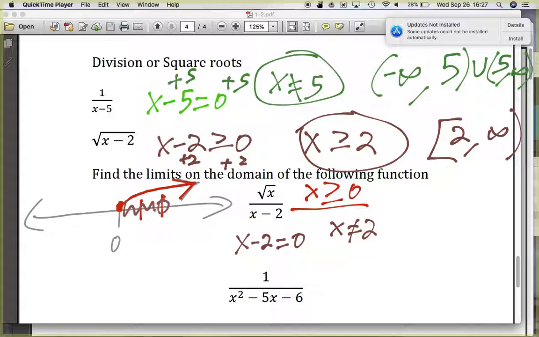Meaning that everything is shaded except for there at 2 and everything on. So in terms of the answer, it's going to look like this. Bracket, because it includes 0, and then it goes to 2. But it does not include 2 because that would make me 0 on bottom, and then 2 to infinity. So more or less it was the same as this one up here, except for we cut it off because I couldn't be less than 0.